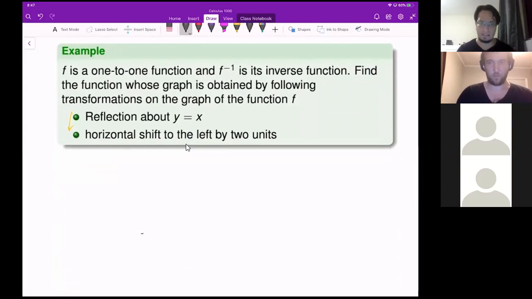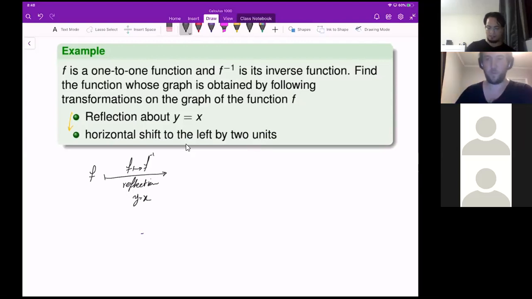For example, if I have a function f and I start from f, then I do a reflection about y equals x, it means that we replace f by its inverse. So that will give me f inverse.